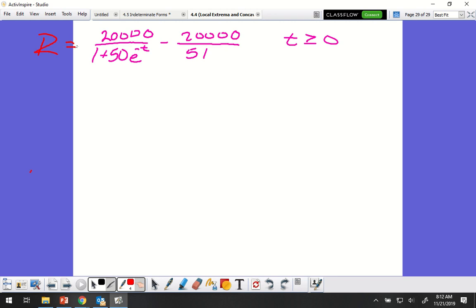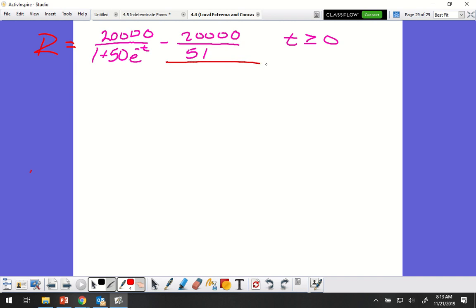So r prime. I'm going to go through and do a derivative of this. We could either do chain or we could do quotient. I think I'd rather do quotient though, because the 20,000 right here is going to go away nice and pretty. When I take the derivative of this, that all goes away, right?